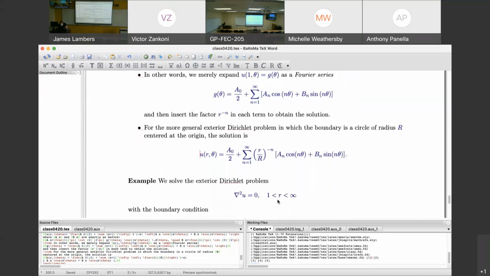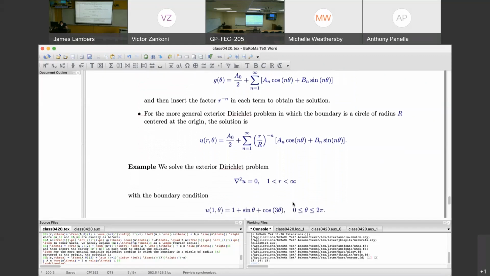So as an example, solving Laplace's equation on the entire two-dimensional space excluding the unit disk, so little r is greater than 1. Here's our boundary condition.